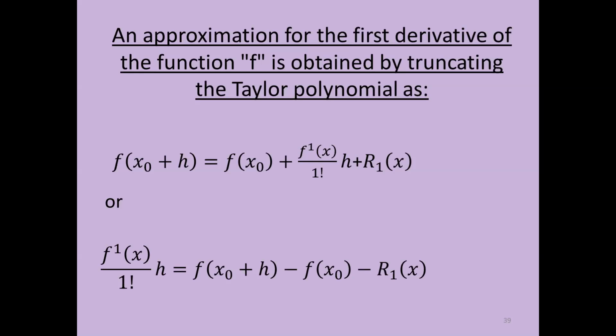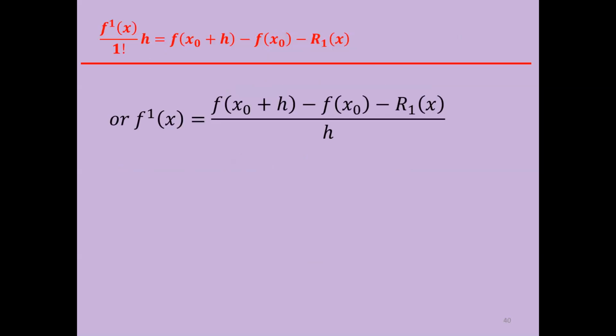Then the h, that is the difference between x naught and the point where we are interested in, is going to be transferred from the left to the right. In fact, it is going to appear in the denominator, as is displayed over here. So the last term, that is the residual term, in fact is going to be divided by h also.